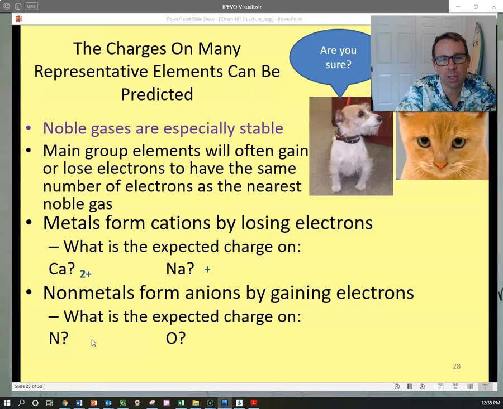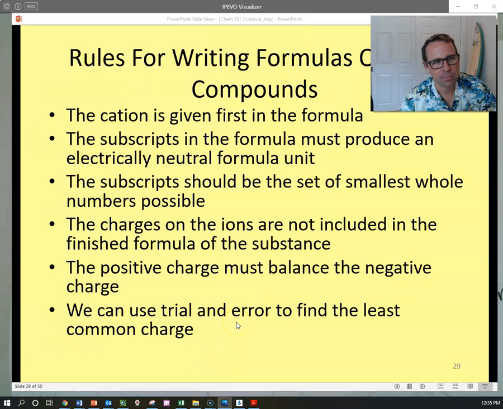What kind of charge would that be? It would be a negative charge, -3. Very good. And oxygen? It would be a -2 charge. Fabulous. All right.